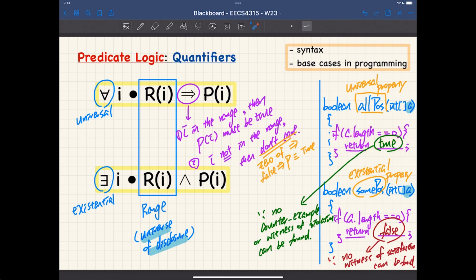And if you look at the logic over here, in order to really get implication to be true, a trivial case is if the range predicate here is just false. False implies anything. That's the zero of implication. Okay? So you want to really think about this guy over here.